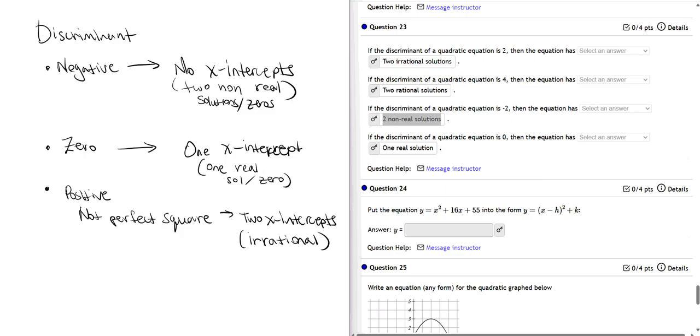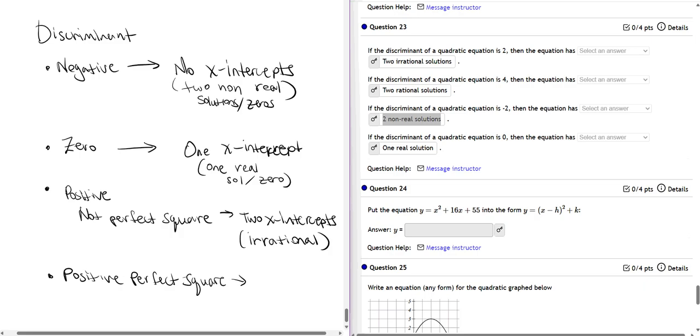And if it is a perfect square, then you're going to have two rational x-intercepts, yes, but they're going to be rational. Okay.